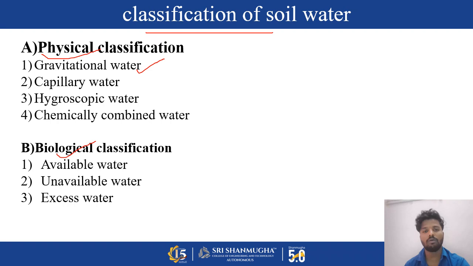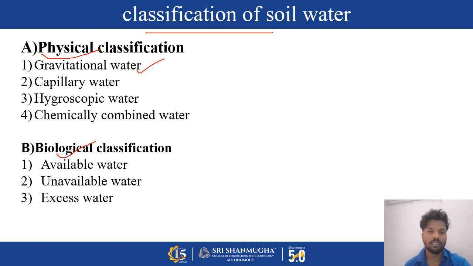It is held at very low tension, in the pressure range of potential higher than about 0.012 to 0.03 megapascal, that is, wetter than field capacity, so it drains downward under gravity if there is drainage.